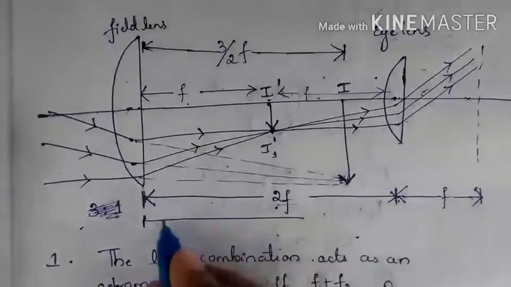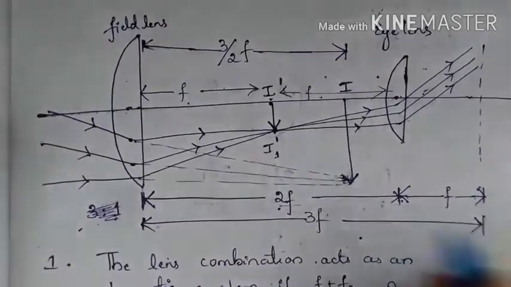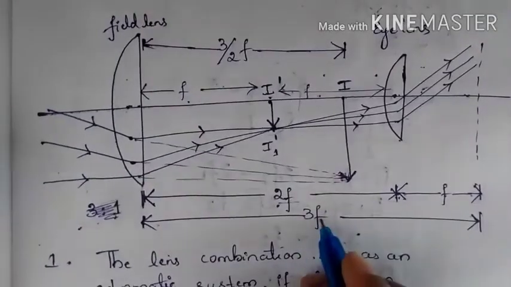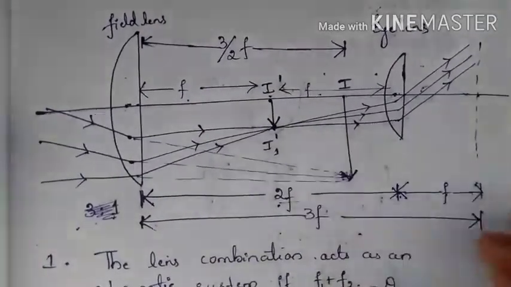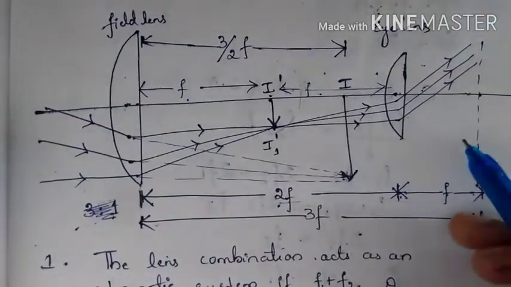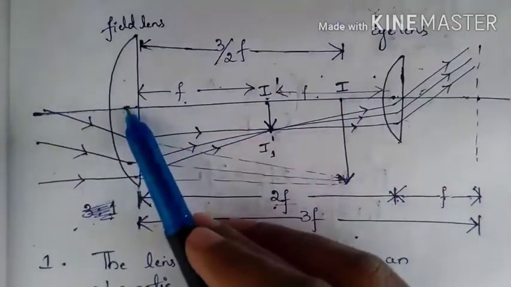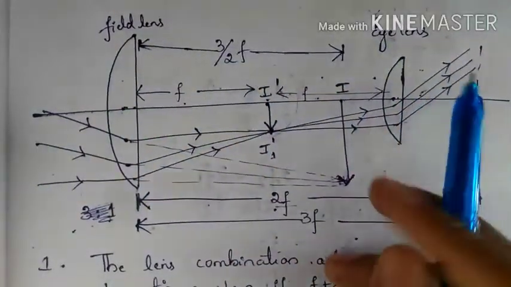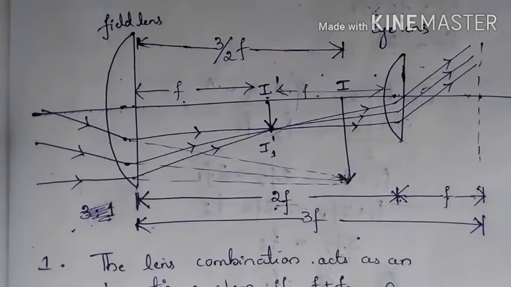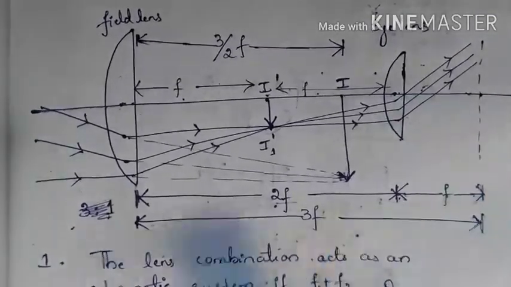And this overall distance will be 3f. So 2f plus f is 3f, and at a position here the equivalent lens can be kept such that we can have the same effect that is produced by the field lens and the eye lens. So this is the equivalent lens which is at a distance 3f.